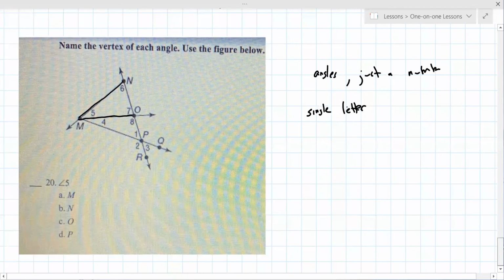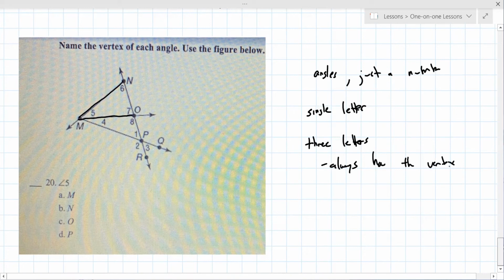It can also be a single letter. A single letter works sometimes, but not all the time, and the most common is to use 3 letters. And the 3 letters always have the vertex as the middle letter.